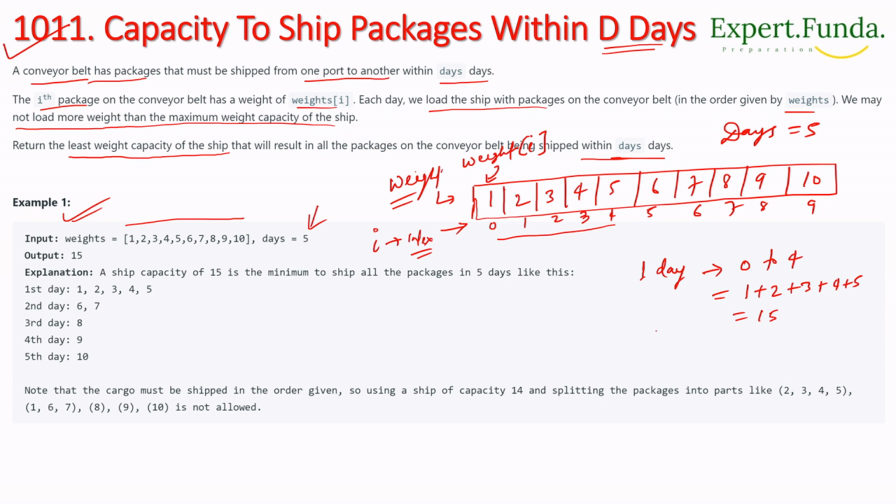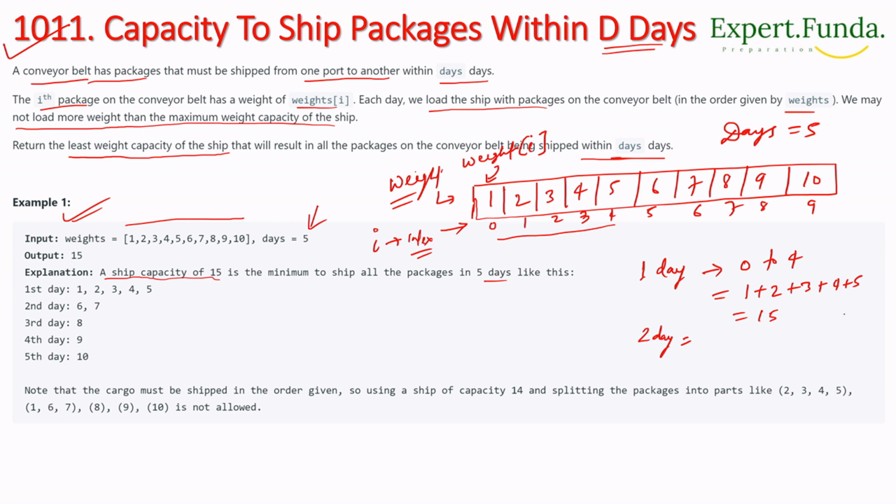Next, day 2. The explanation says a ship capacity of 15 is the minimum to ship all the packages in 5 days.